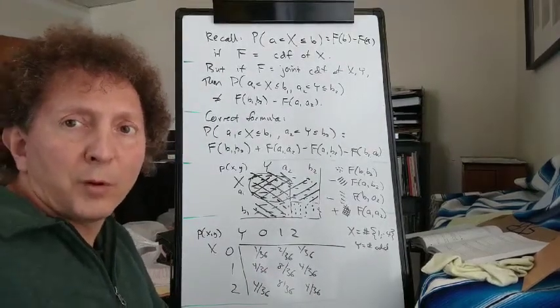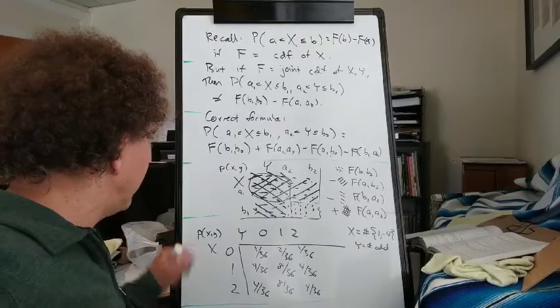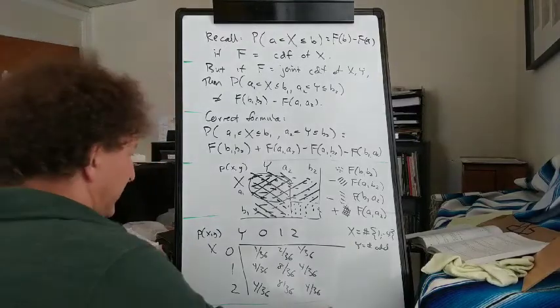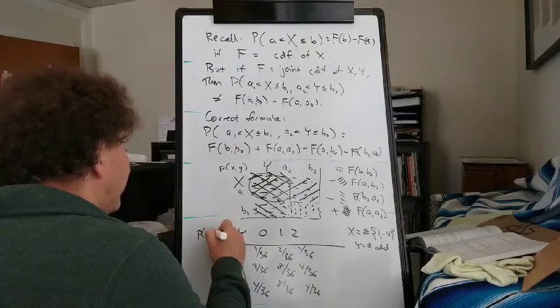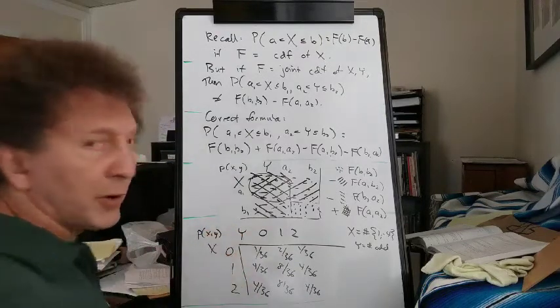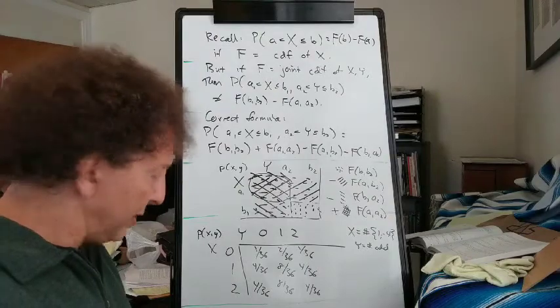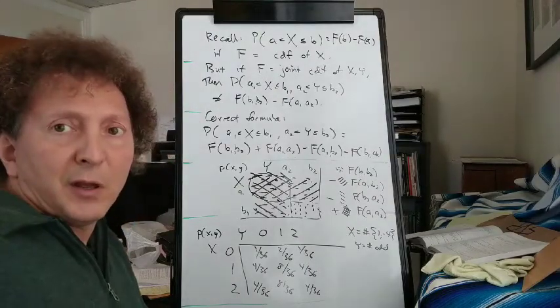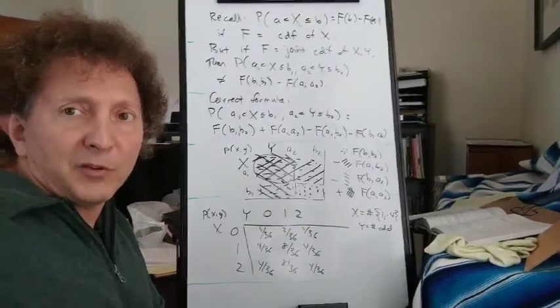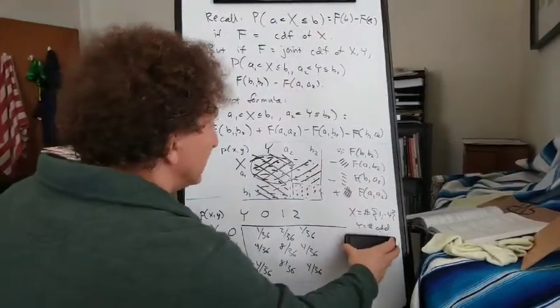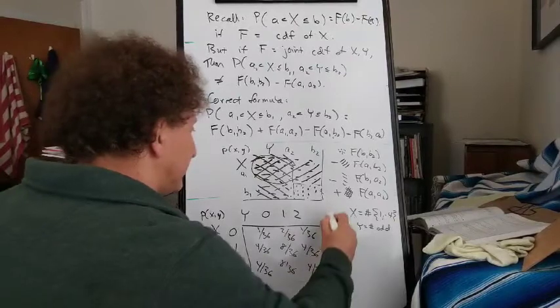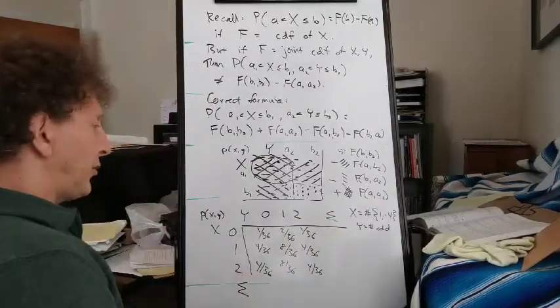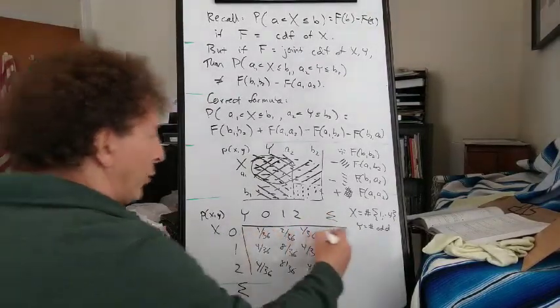All right, now one more important property of this table for the probability mass function of x and y is that if we sum the rows and sum the columns, the numbers that we get for the sums have important interpretations. So if we sum the rows, we have 1 plus 2 plus 1, 4/36.